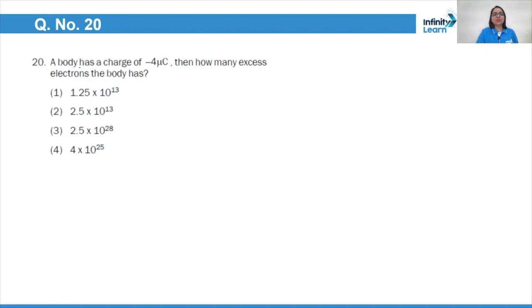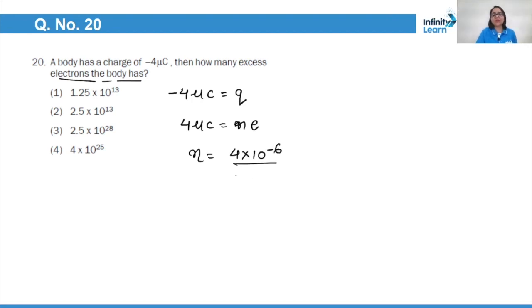Question number 20. A body has a charge of minus 4 microcoulomb. How many excess electrons the body has? So it is a negative charge. That means body has excess electrons. Let's say this charge is equal to n into e. So n is the number of excess electrons, which is 4 into 10 power minus 6 divided by e, which is 1.6 into 10 power minus 19.